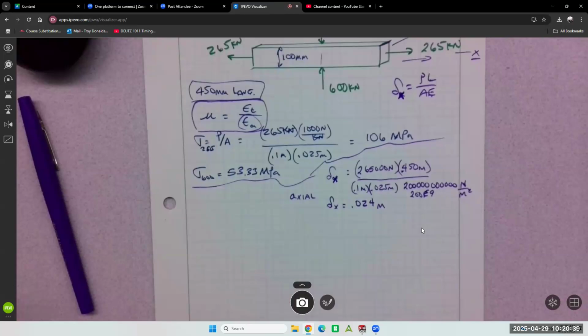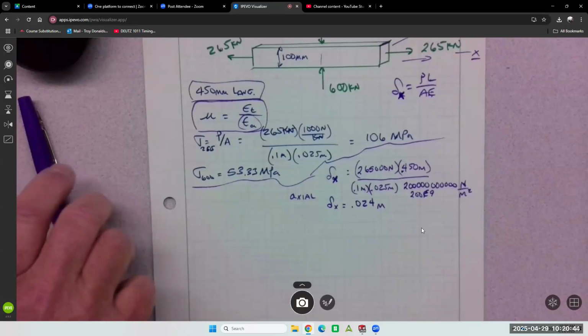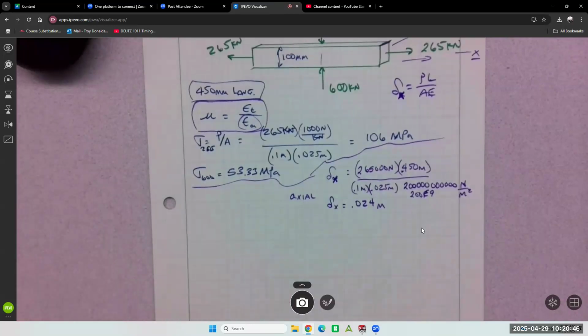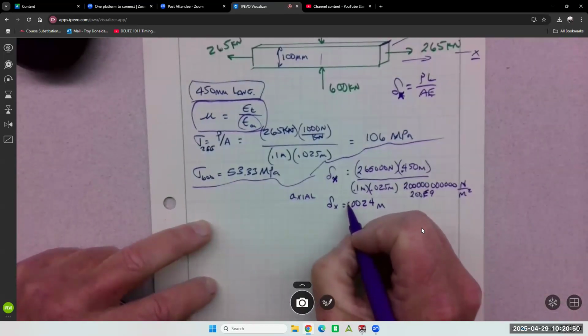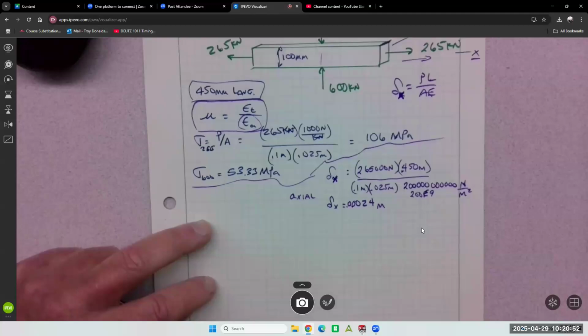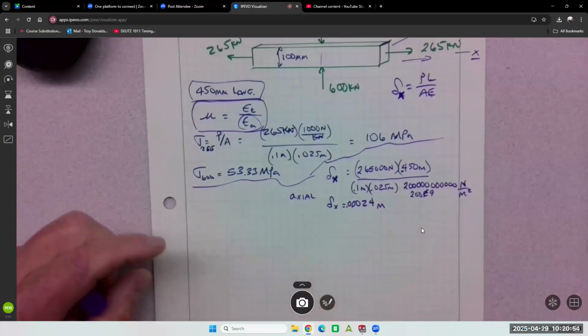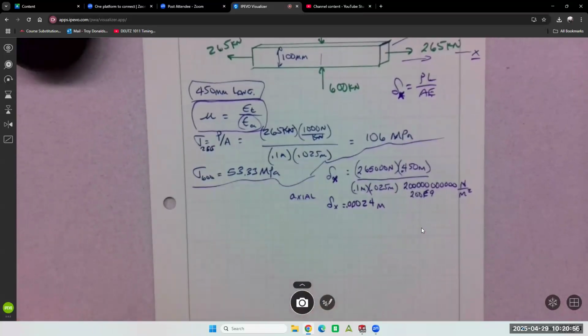Yeah, that's what I was doing. Yeah, 3 zeros. Agreed? Yep. 0.2 millimeters. Very small change.